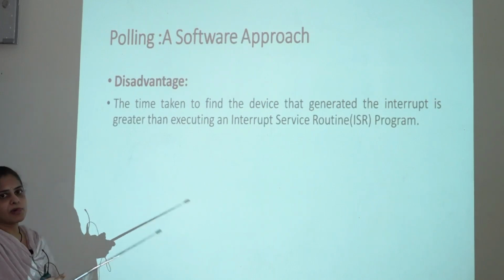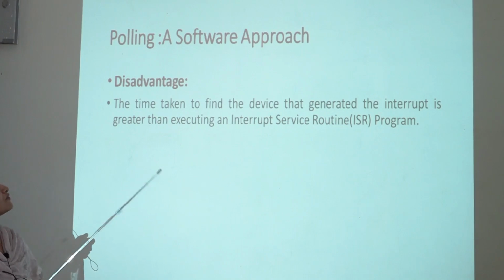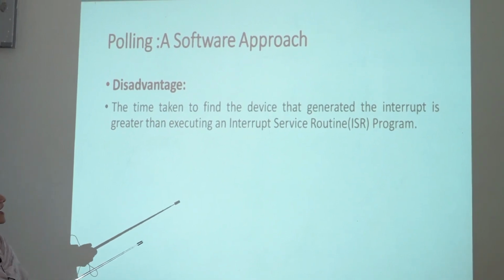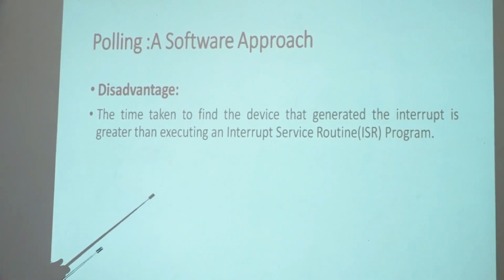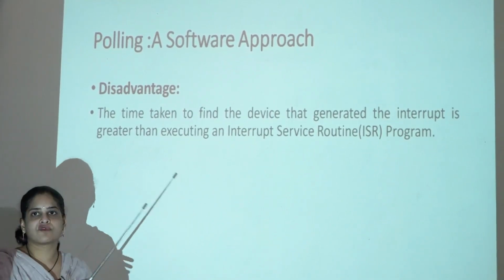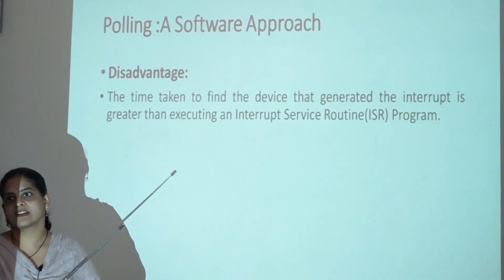Next, coming to the disadvantages of the polling approach. The time taken to find the device that generated the interrupt is greater than executing an interrupt service routine program. Suppose we have only 4 devices, it might be easy to identify which device has generated the interrupt.